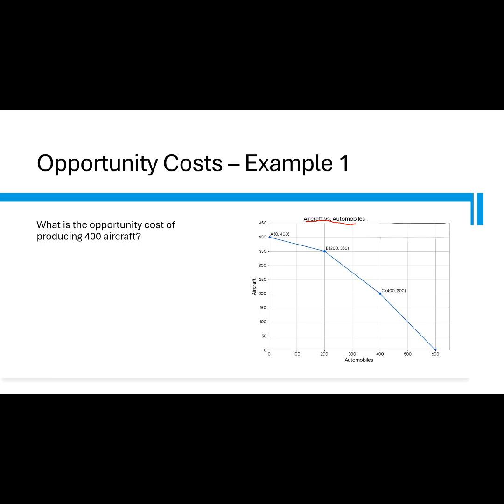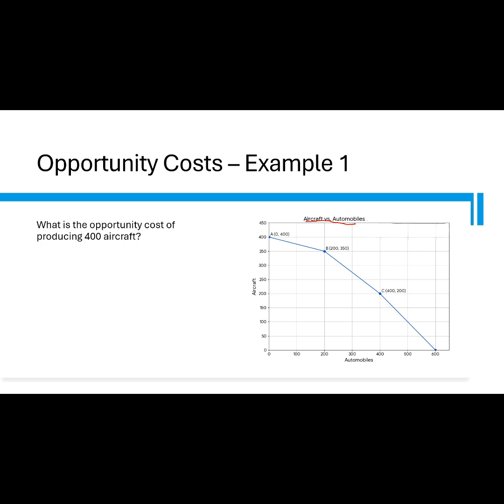At point A, you can manufacture 400 aircraft, but 0 automobiles. At point B, you can manufacture 350 aircraft and 200 automobiles. At point C, you could manufacture 400 automobiles and 200 aircraft.